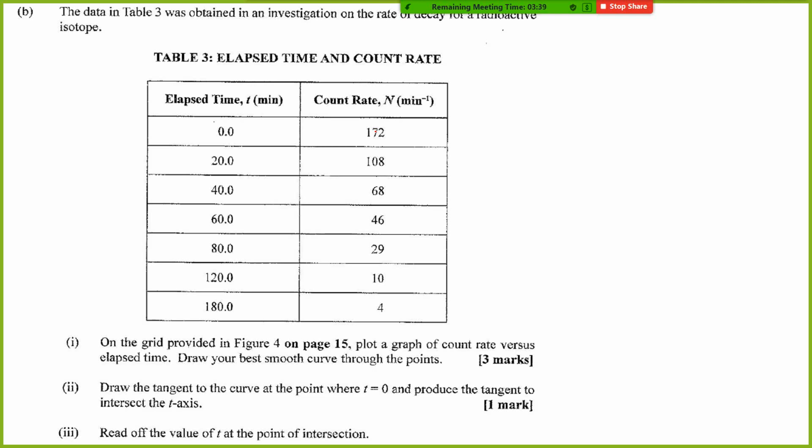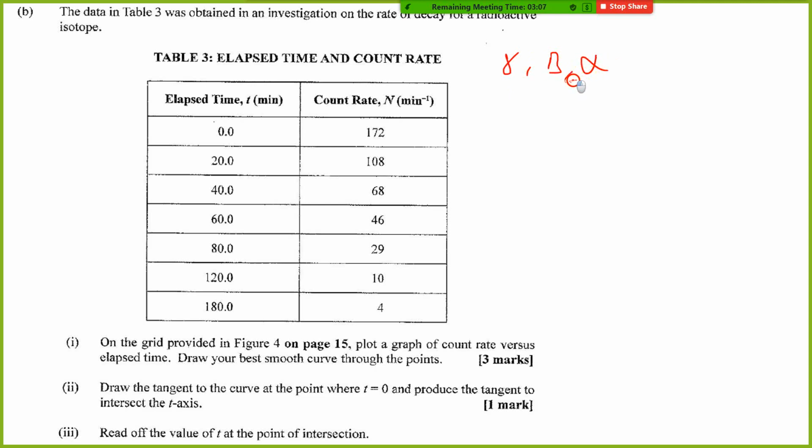Now, as time progresses, we're seeing that less substance is being detected by the experiment or whatever device is collecting the data. The count rate is simply counting the number of radioactive particles that it is detecting. Whenever a radioactive substance goes through decay, it gives off alpha particles, beta, gamma, all of those kinds of things.